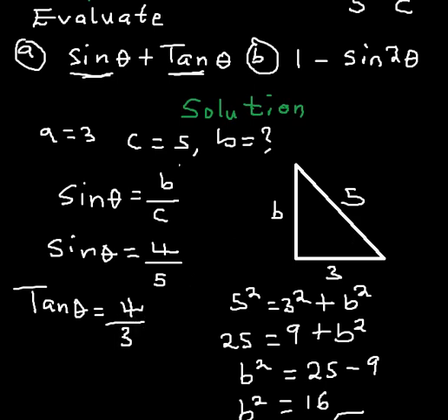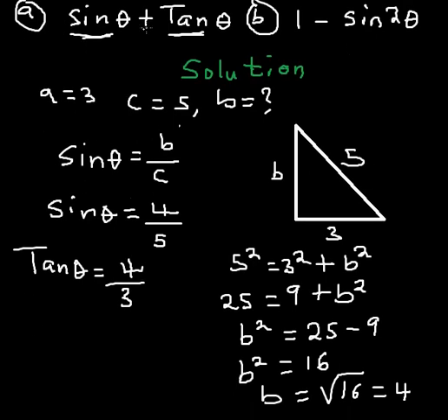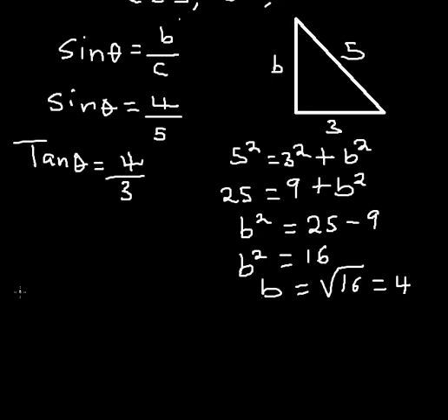Okay, so combining the two, we can now have sine theta plus tan theta is going to be equal to sine theta, which is 4 over 5, plus tan theta, which is 4 all over 3.